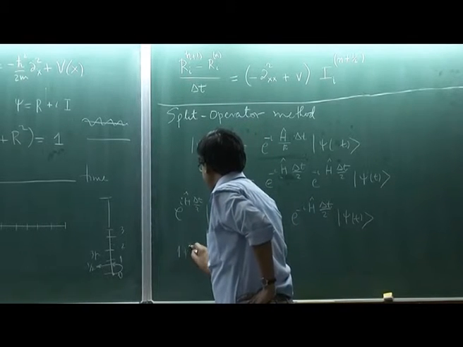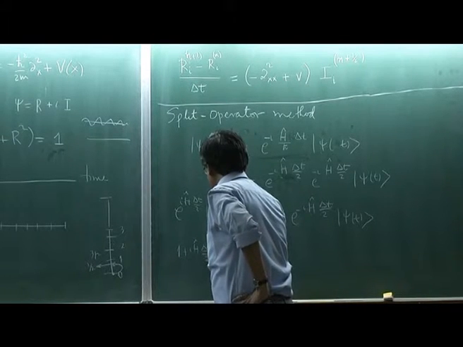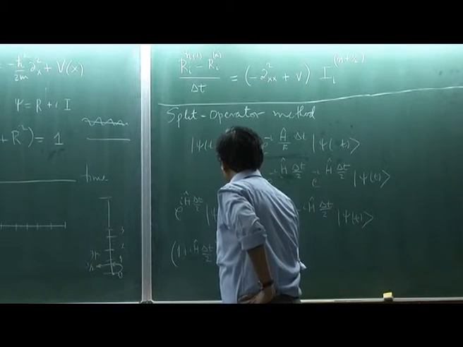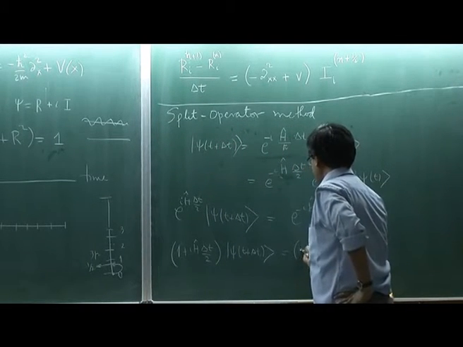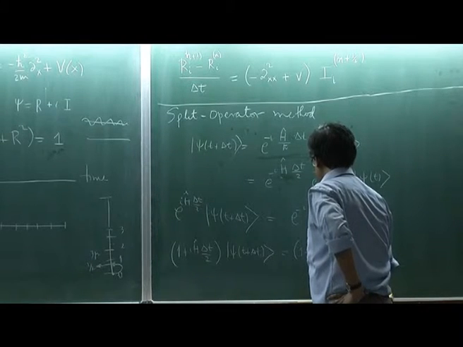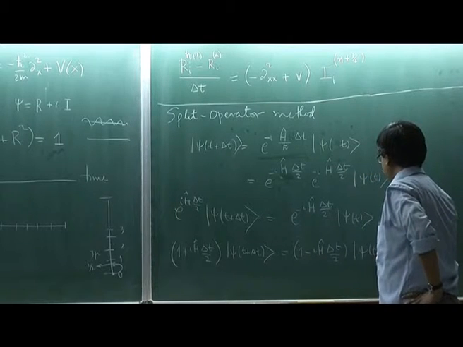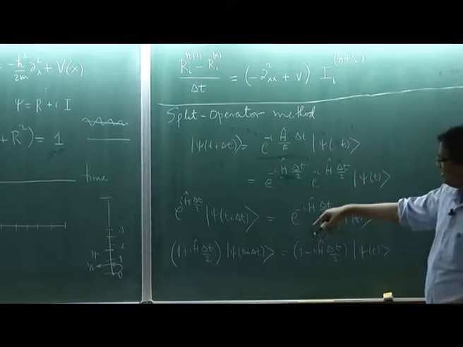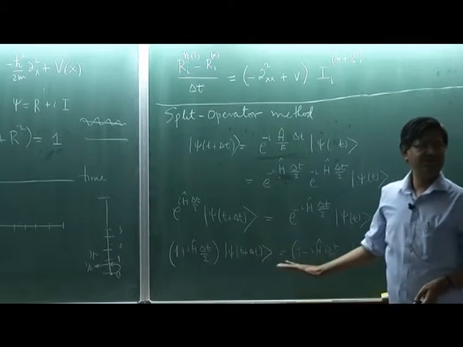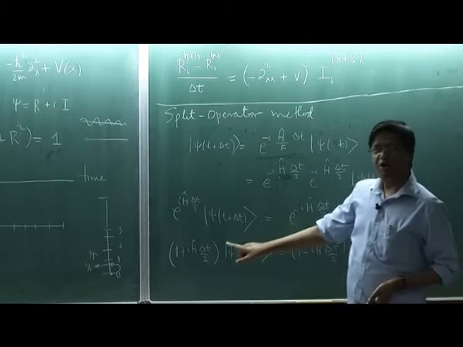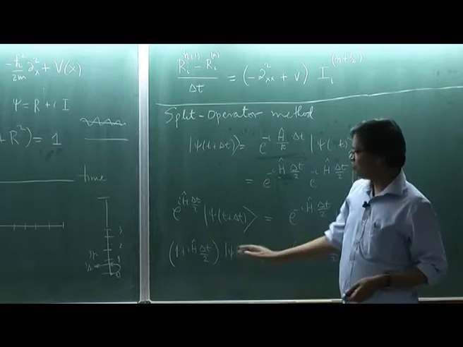So we write this keeping only first order in H delta t by 2, equal to 1 minus i H delta t by 2. By taking the conjugate and multiplying, you can show that this will preserve mod psi square up to order delta t. Shall I leave this as an exercise?